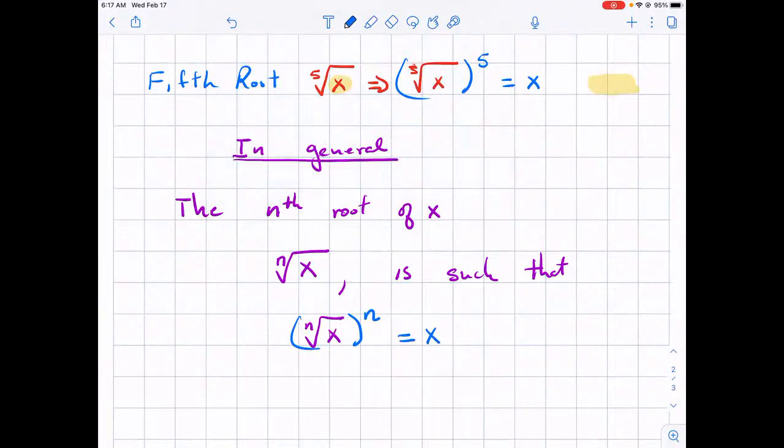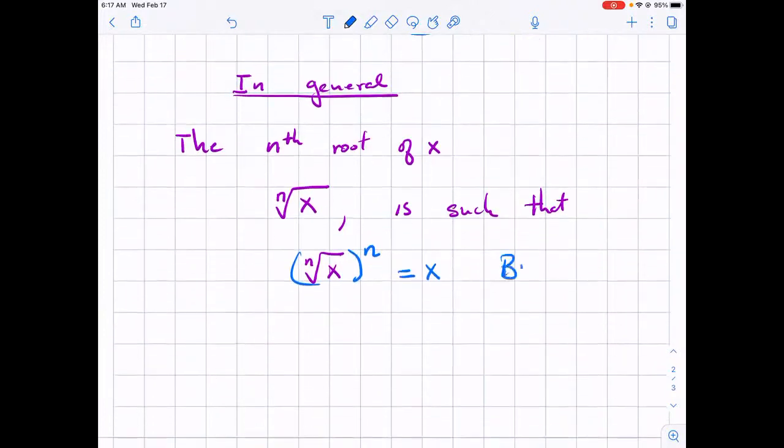But x has to be greater than or equal to 0 if n is even. And this here is very important.